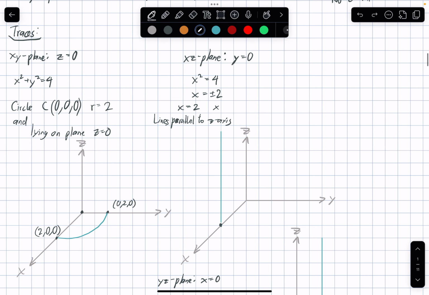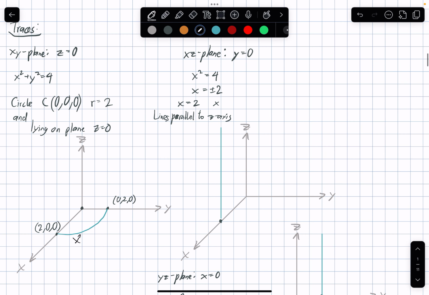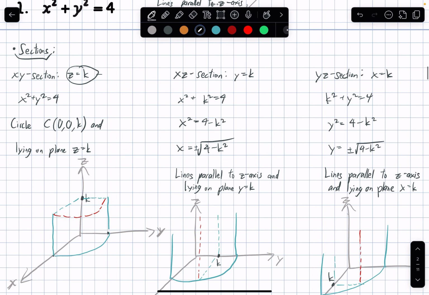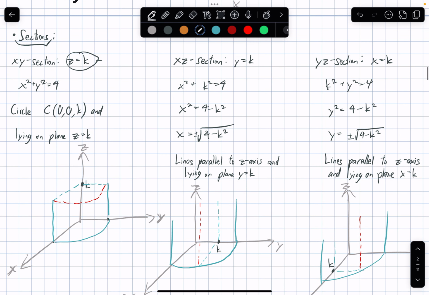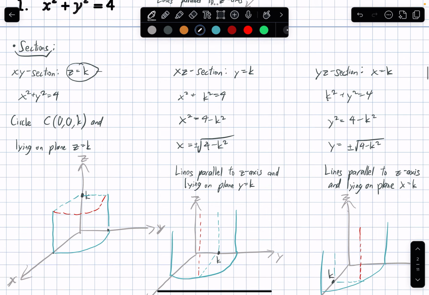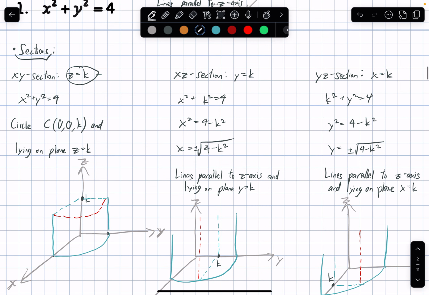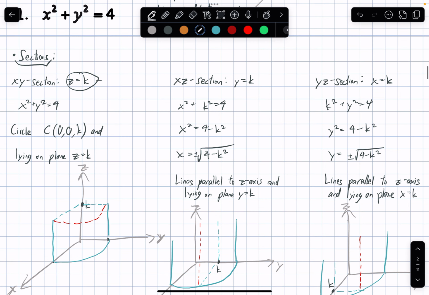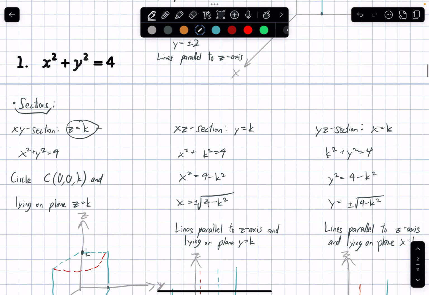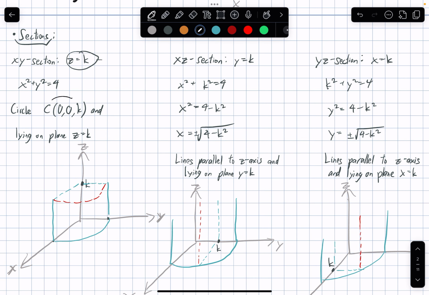Let's find. Okay, so this is x raised to 2 plus y raised to 2 equal to 4. That is if the center is 0, 0, 0. But if the center were to be this, this is what we get.